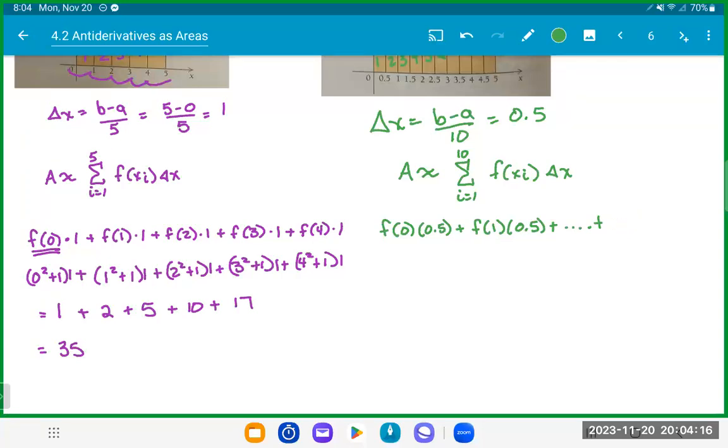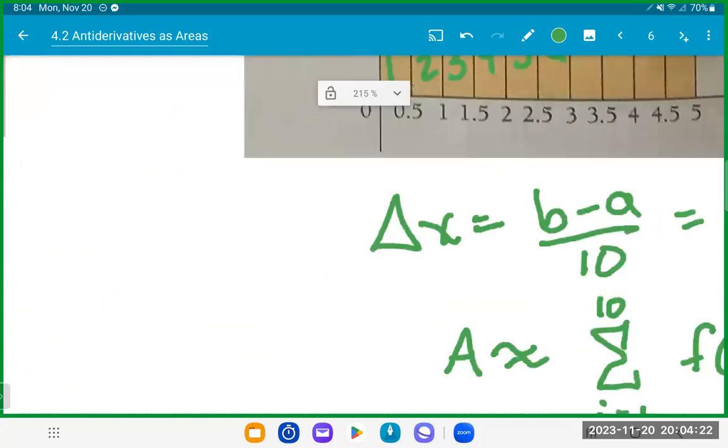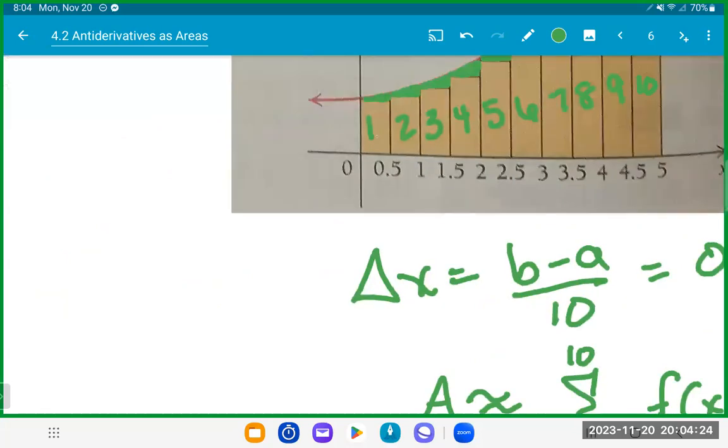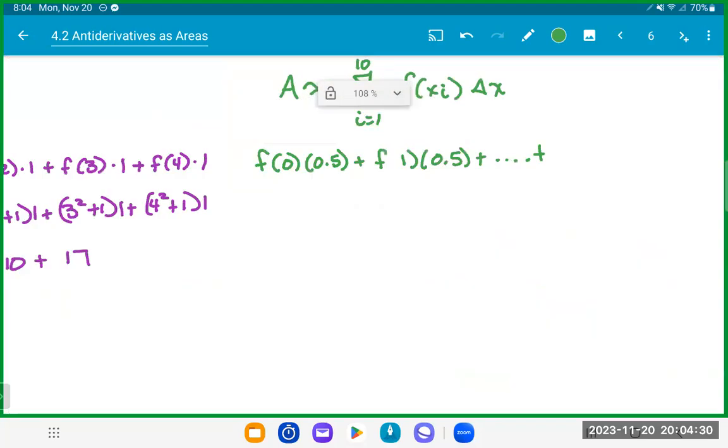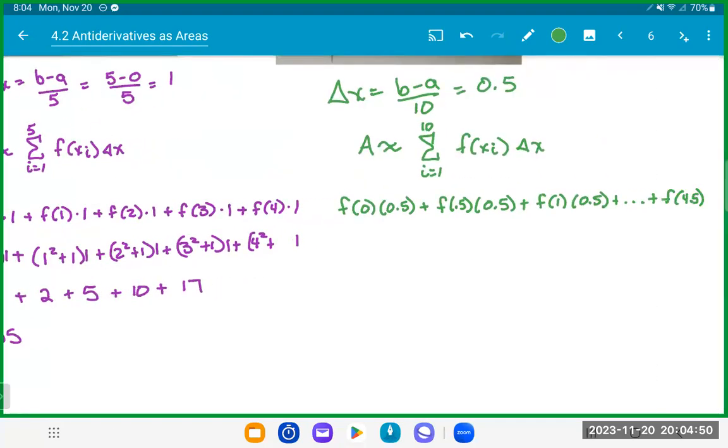It's 0 to 0.5. Let's put 0.5 because we're having 0, 0.5, because here's 1 and so on, right? So this is going to be 0.5. I'll put one more in here. So we know this is f of 1 times 0.5 plus dot, dot, dot, all the way out to f of 4.5 times 0.5.